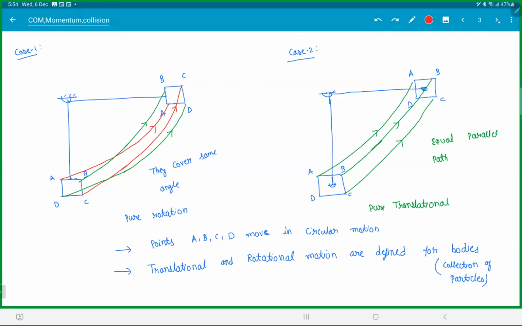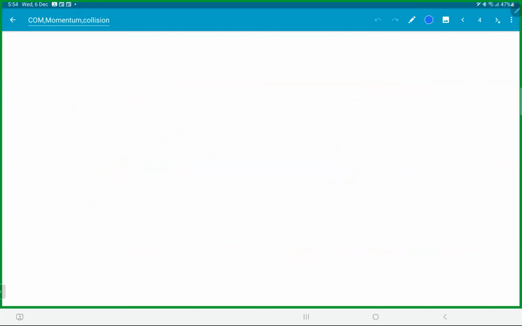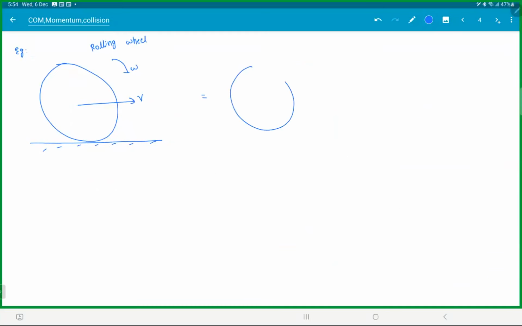Great. Next thing. I can even have more combinations of it. For example, if we have a rotating or rolling wheel, what kind of motion is this? If you have a wheel rolling on the floor, this can be split into two parts.